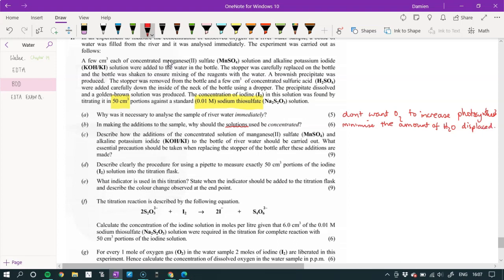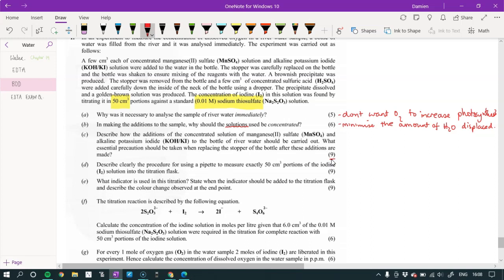Part C then. Describe how the additions of the concentrated solution of manganese 2 sulfate and the alkali potassium iodide to the bottle of river water should be carried out, and what essential precautions should be taken when replacing the stopper of the bottle after these additions. So this is worth 9 marks. So you're looking at a 6 and a 3 here, possibly 6 for the first one.